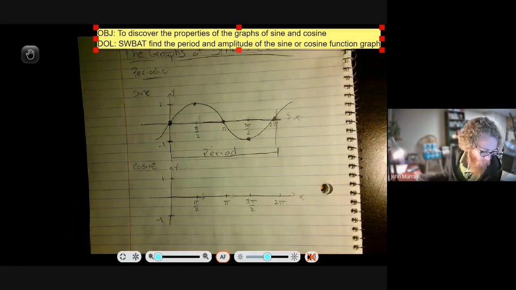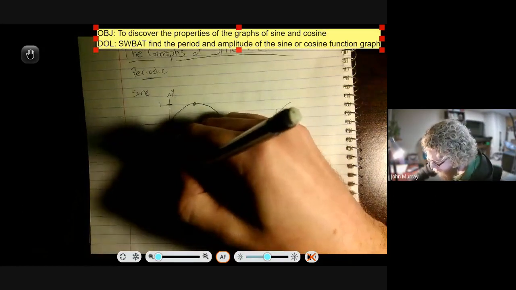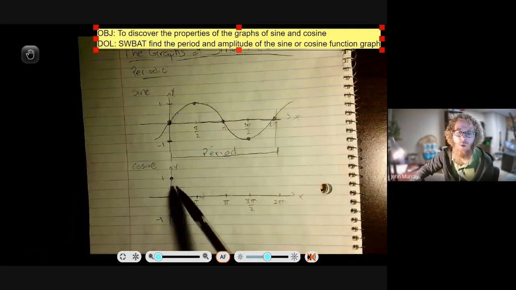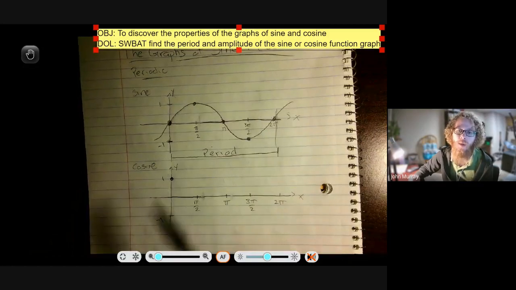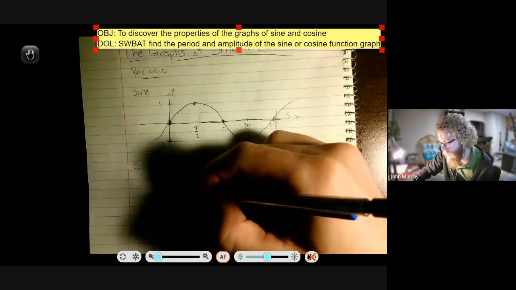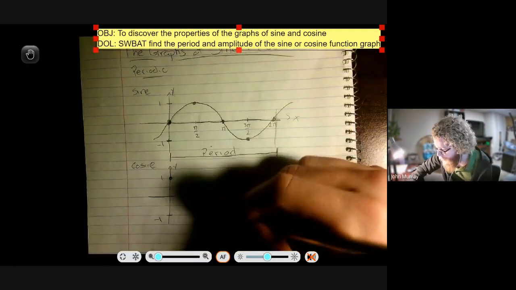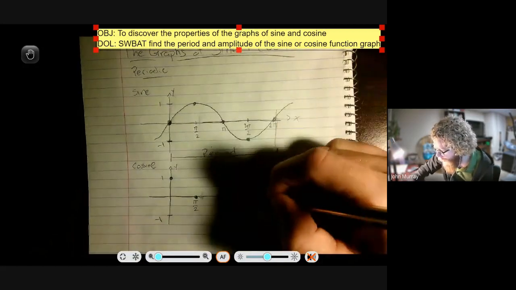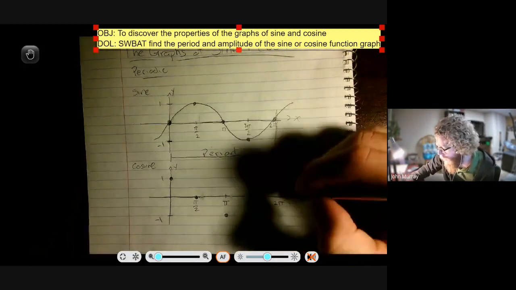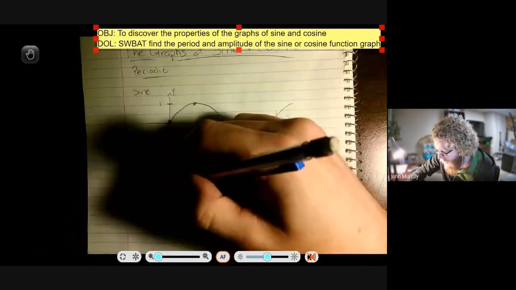Similarly, we have the same thing for cosine, but cosine has a different starting position. Cosine of 0 starts up at +1. Then from +1, we go to 0 at pi/2. At pi, we're down at -1. At 3 pi/2, we're back to 0. And then at 2 pi, we return up to 1.